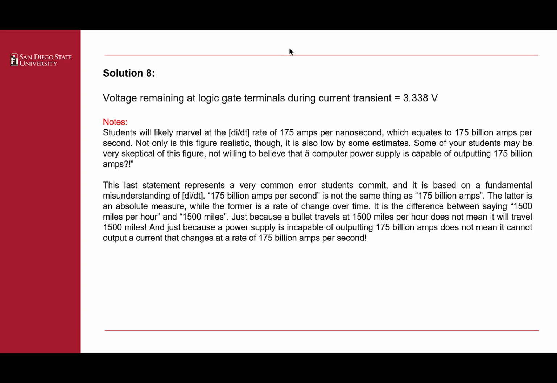175 billion amps per second is not the same thing as 175 billion amps. The latter is an absolute measure, while the former is a rate of change over time. It is a difference between saying 1,500 miles per hour and 1,500 miles.